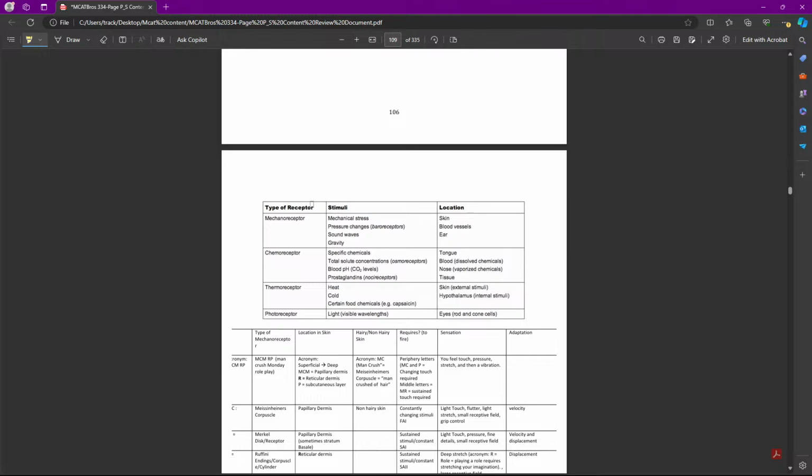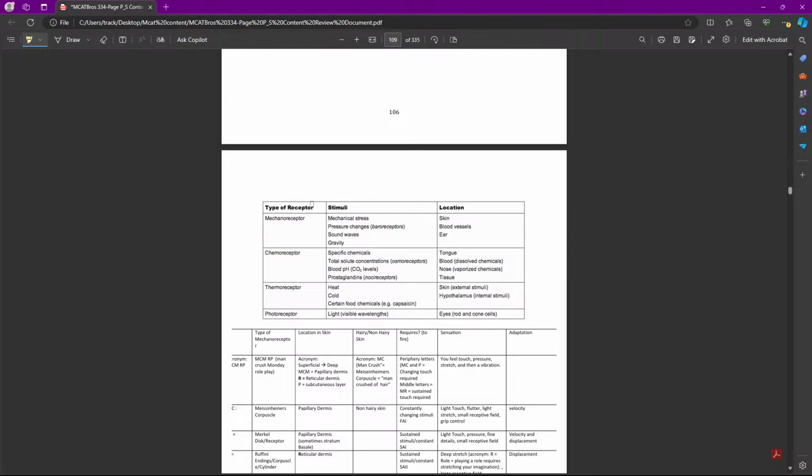So here's just a table saying the different types of receptors. We have a mechanical receptor, chemoreceptor, thermoreceptor, and photoreceptor. Some examples of stimuli for a mechanical receptor are stress, pressure changes, sound waves, and gravity. Their location tends to be in the skin, the blood vessels, or ear.